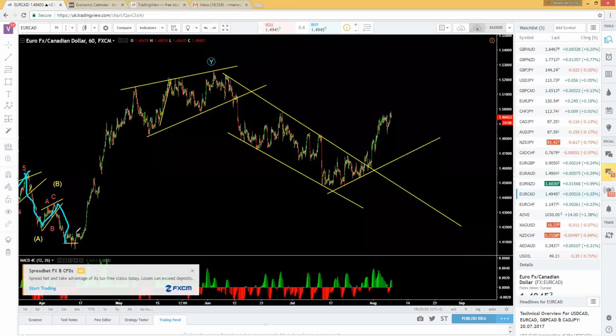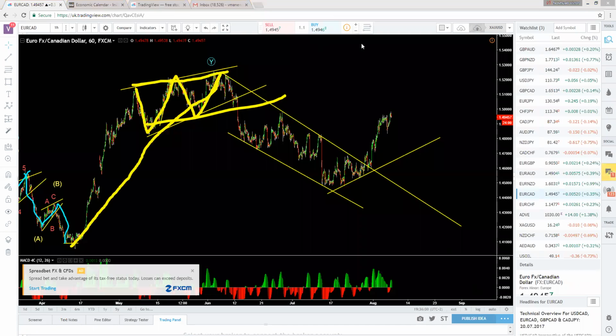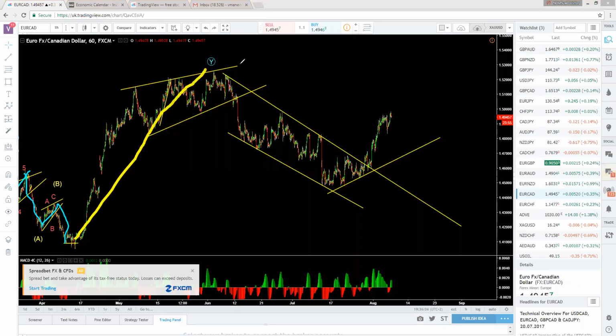We've got an impulse, and you can see that this impulse ended with a sort of diagonal there. Let me clear. Right, so we've got the impulse all the way up there. What does it do after the impulse? Right, so that is a zigzag.